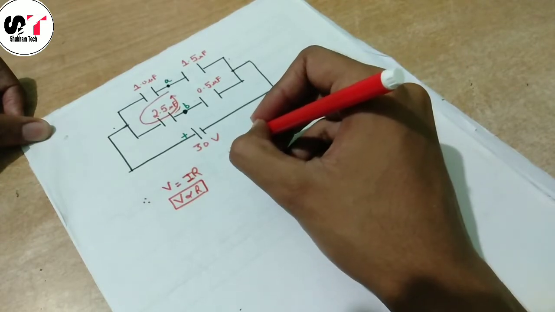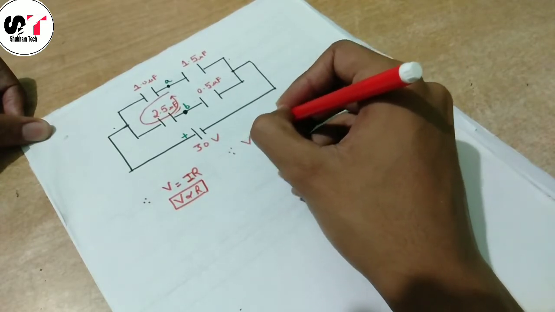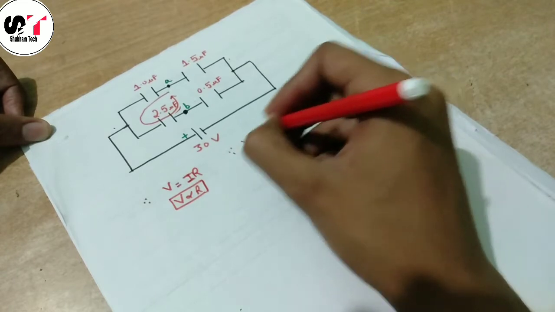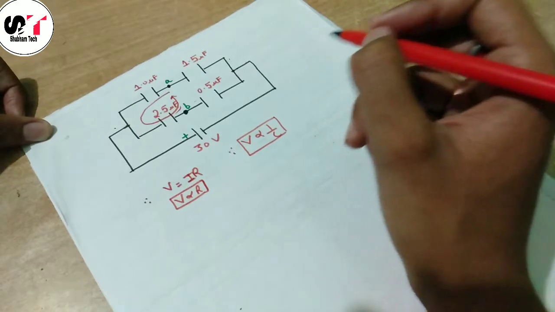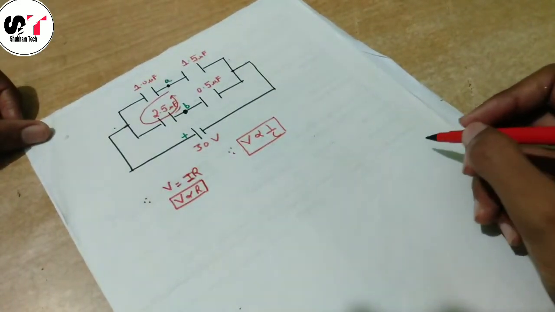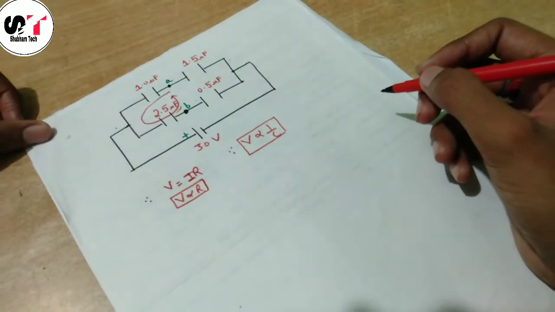In case of capacitance, V is inversely proportional to C, means voltage is distributed inverse ratio of capacitance. Okay, this is the important point, note it here.